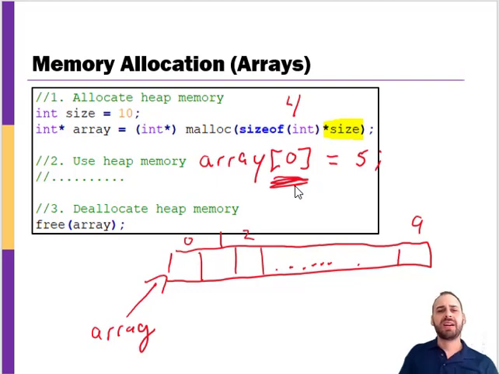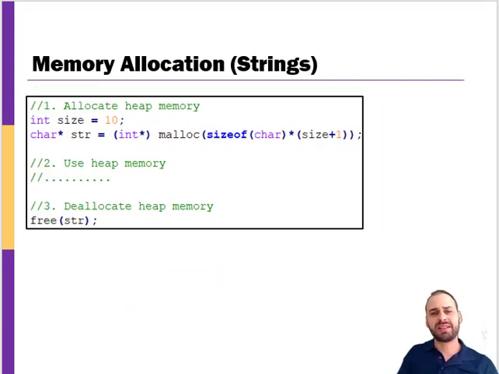All right, let's move forward and look at a similar example but using strings. Let's say we wanted to store a string of size 10. This is going to work the exact same way as the arrays. One difference though, and this is a typo here because we're dealing with a character pointer, is don't forget that we need one additional character for the null terminator.